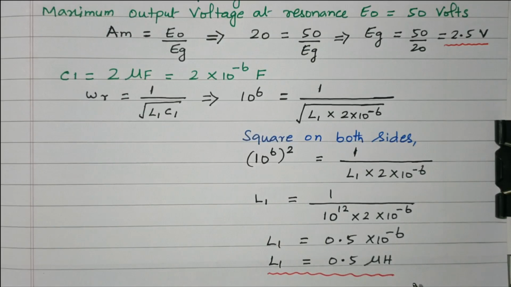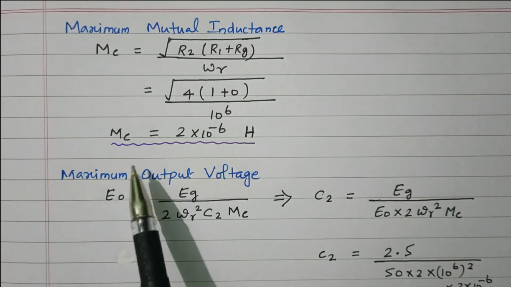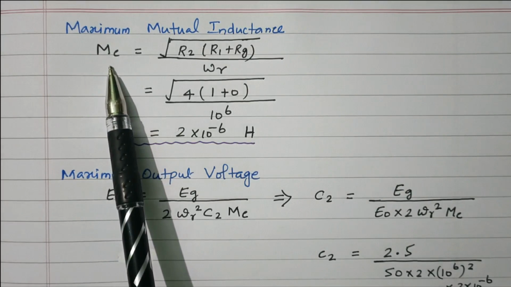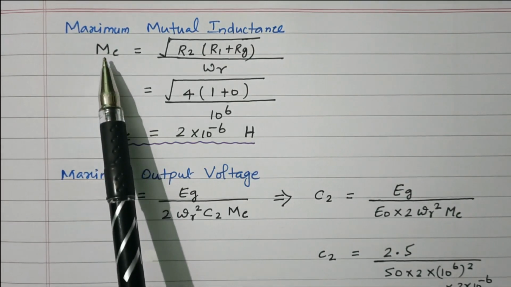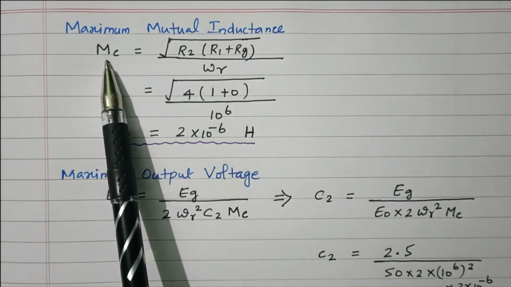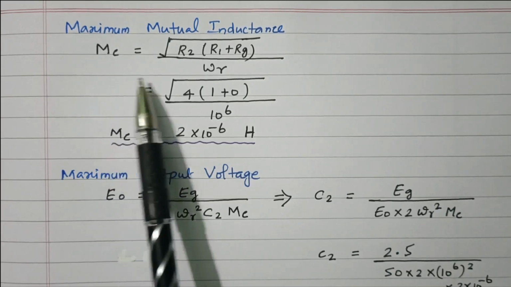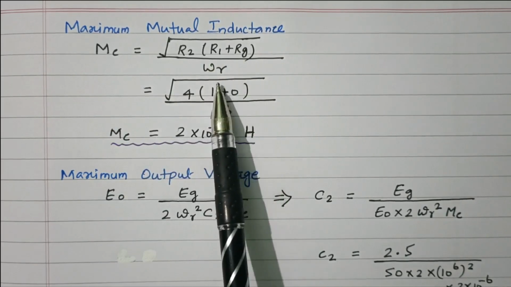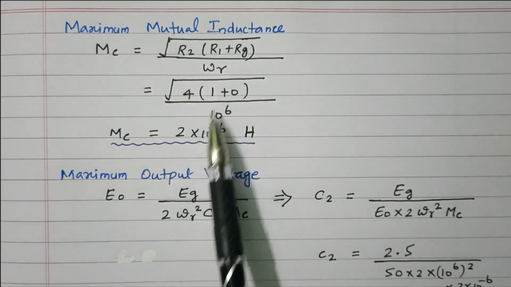Now we'll go for the other parameters. Next we will find the critical coefficient, maximum mutual inductance. From that we will find the maximum mutual inductance, MC. Thereafter we will find L2. So the MC equal to square root of R2 into R1 plus RG divided by omega R. All the values are available.